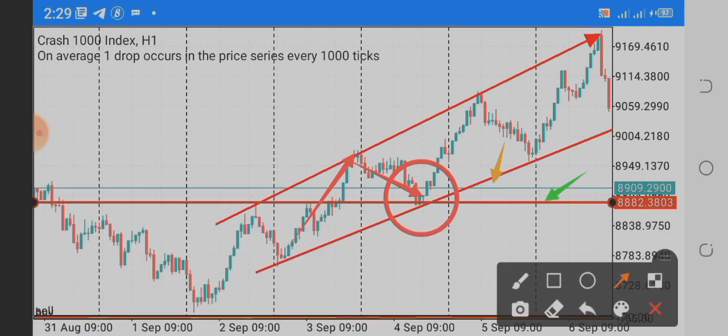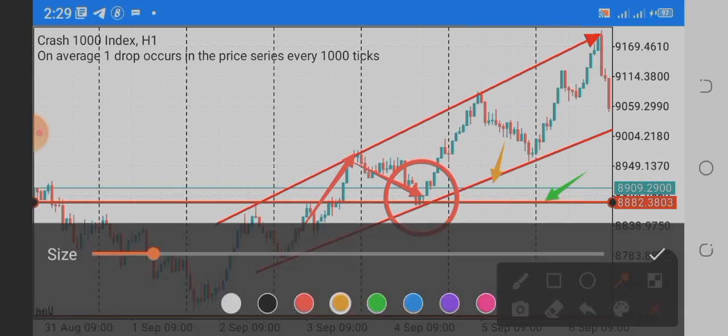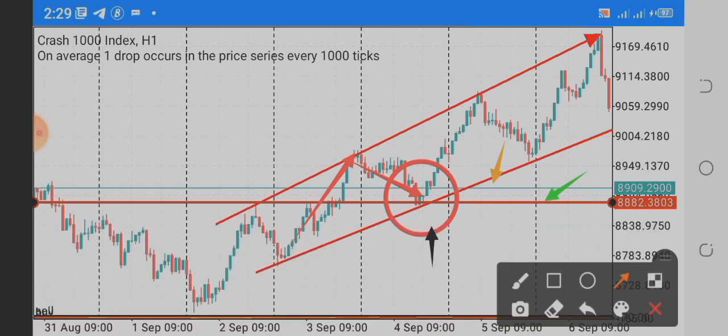Anywhere a support and a trend line meet together, like this place I just circled with this red color, anywhere both of them meet together, and price retraces back to that point, that is a confirmation that that position is very strong, that there will be a reversal, that the price is going to move up.